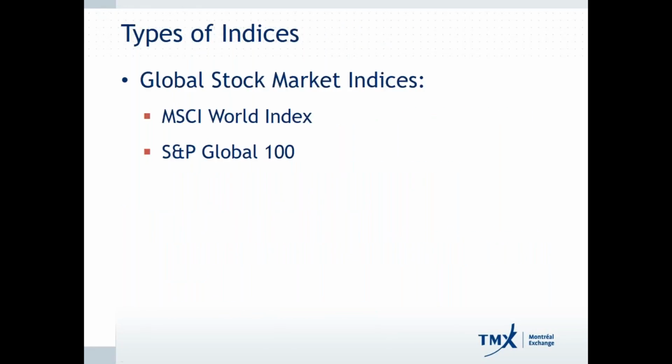We also have what we refer to as global stock market indices. This is a way that we can benchmark the performance of the equity markets around the world. There's the MSCI World Index, or the S&P Global 100. So we can look at indices that are reflective of specific countries, indices that are specific to particular sectors of a market, and indices that reflect the value of all equities around the world.